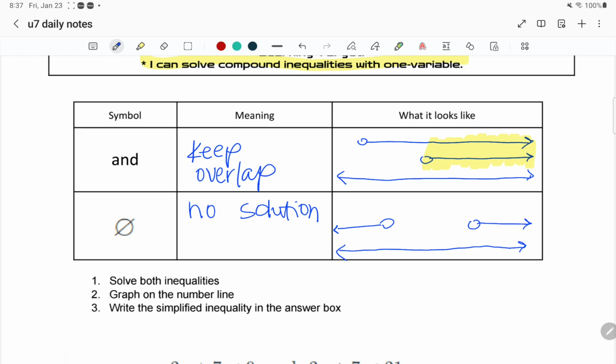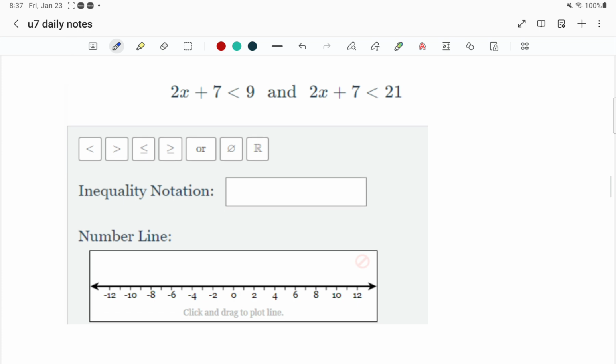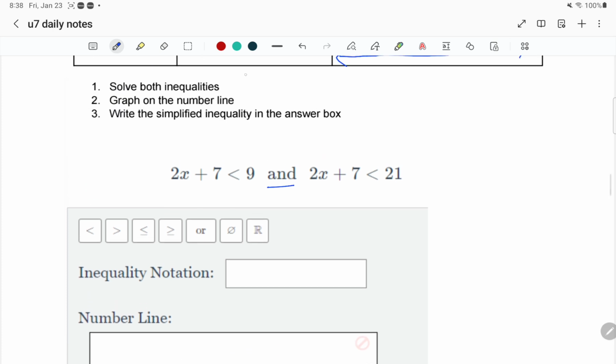So let's take a look at what it looks like. We've got two inequalities joined by the word and. So step one, we don't know what x is so that we can actually graph it eventually, so we've got to solve them. They're just two-step inequalities. We've done this a million times, so let's just get it done.